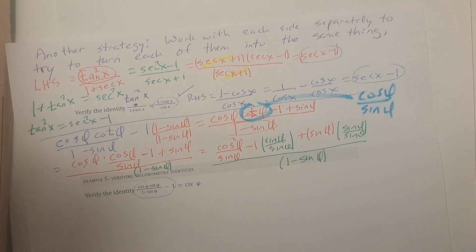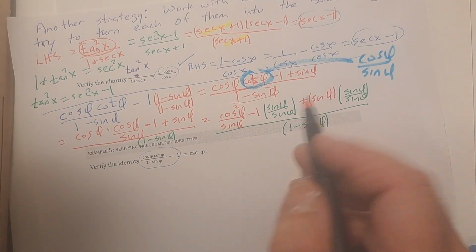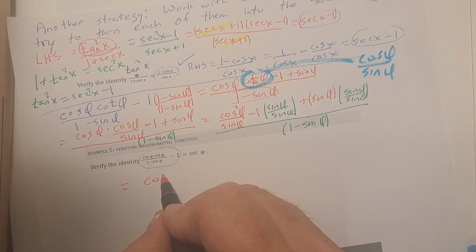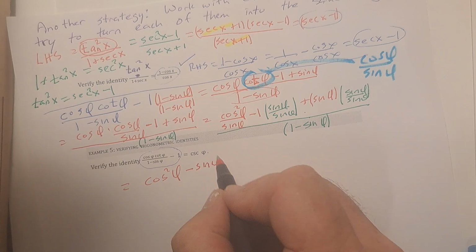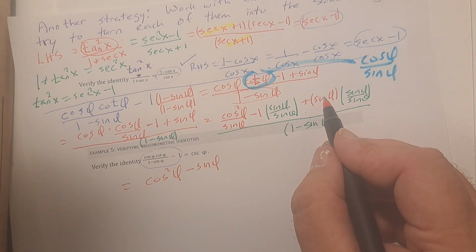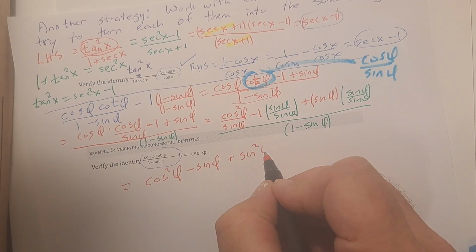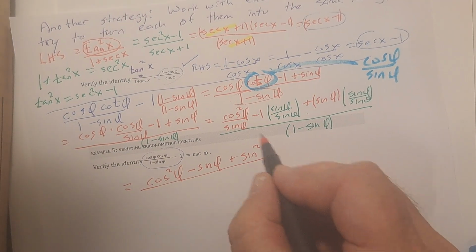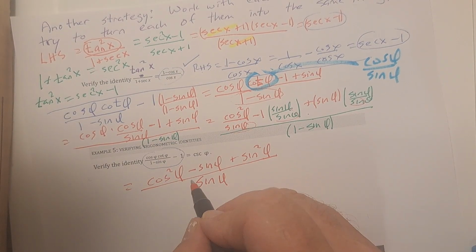Okay, now let's put the numerators together that are in the numerator. So we'll get cosine squared phi minus the sine of phi plus sine phi times sine phi is sine squared phi. It's all divided by the sine of phi. You have that common denominator now.